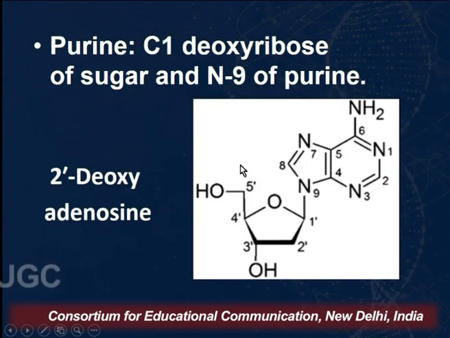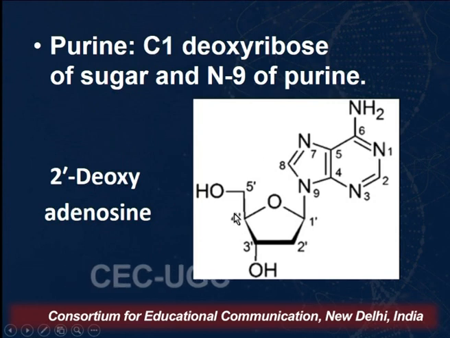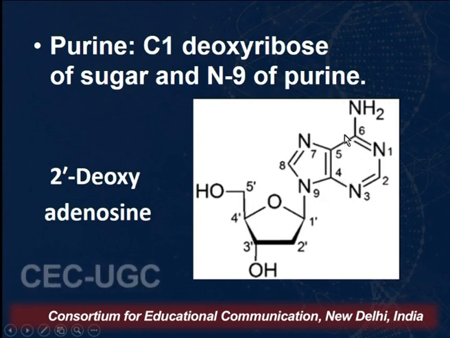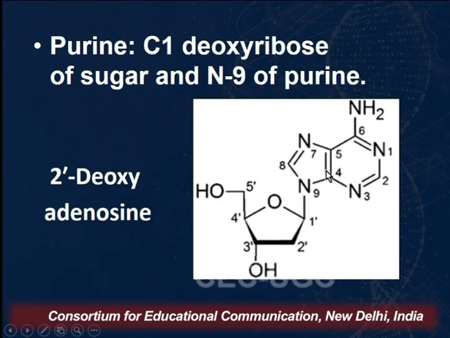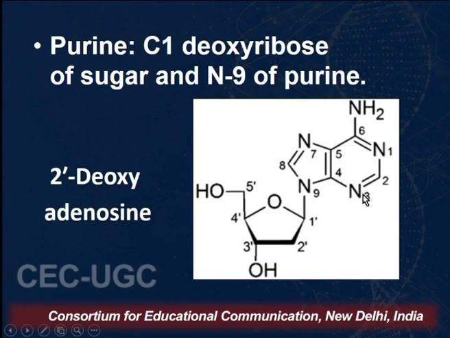Now here again I have shown you the structure of a purine nucleoside, and in this case the base is adenine. And the sugar here is a deoxy sugar. So we've named it 2-deoxyadenosine. This is the IUPAC name, and the bond is between the C1 prime of the deoxyribose sugar and N9 of the purine, which is your adenine. So this is named 2-deoxyadenosine.